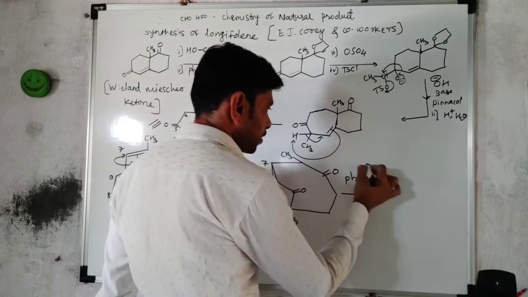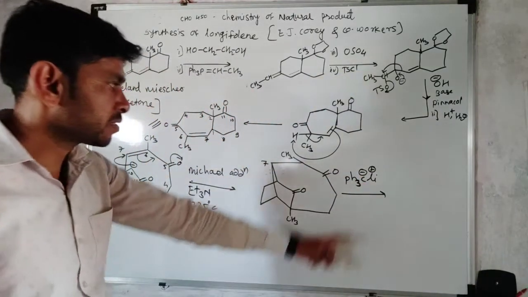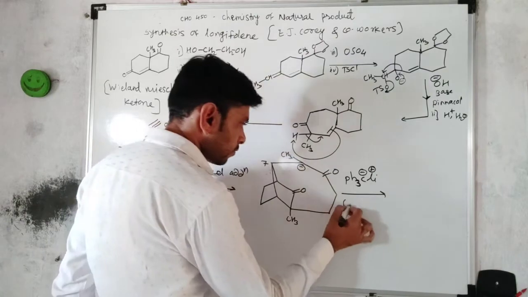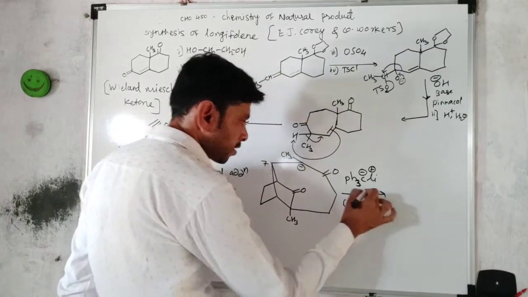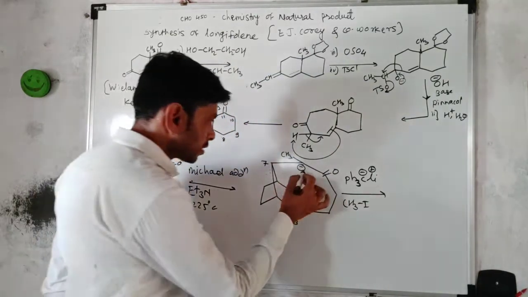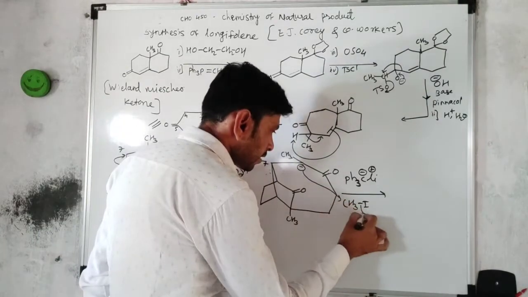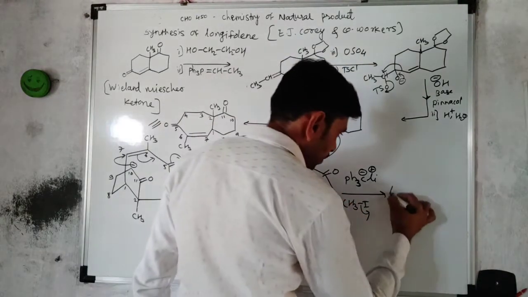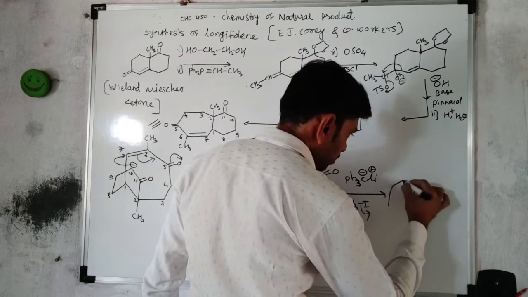Ph3CLi is a stabilized base that we have used here, which removes a proton from here, and then we have used CH3I, methyl iodide. So this attacks on the CH3, and there is attachment of CH3 here, and we get the structure formation here.